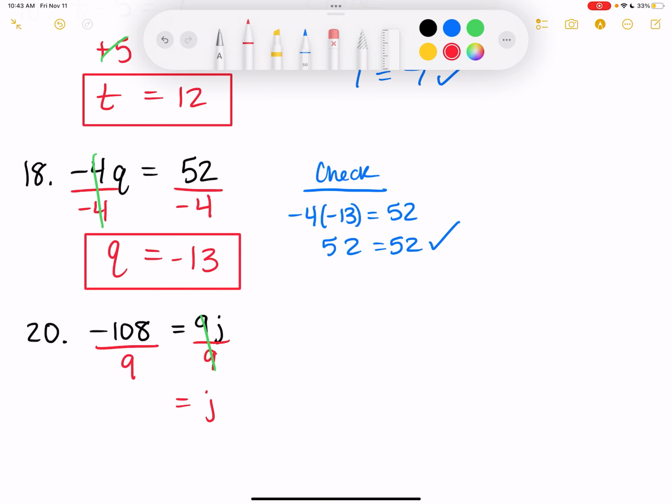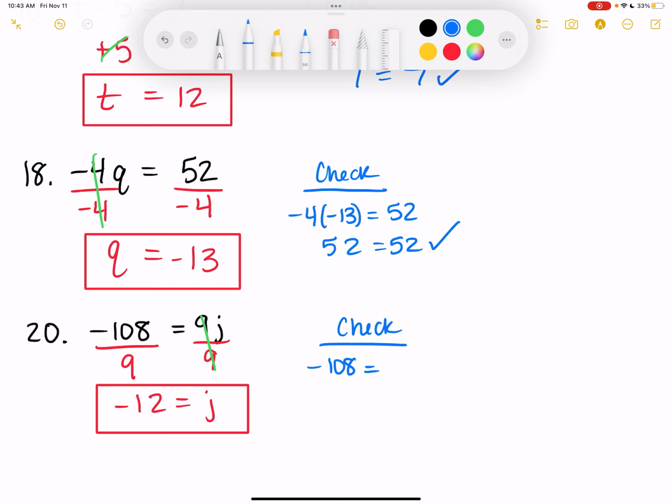Yep. And then positive or negative? -12. So then check. We have -108 equals 9 times -12. 9 times -12 is? 108. Yep. And it's negative. So -108 equals -108.